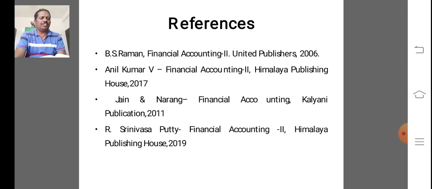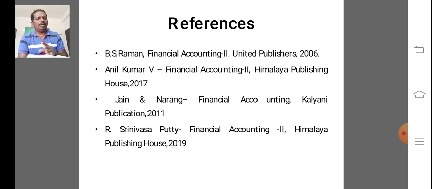We know the domestic branches, foreign branches, and the dependent branches, independent branches, and what are the fully controllable and partly controllable branch, and what are the features of dependent branches, and what are the methods of accounting we are recording. We know the debtor system, we know the final account system, and another one is stock and debtor system.